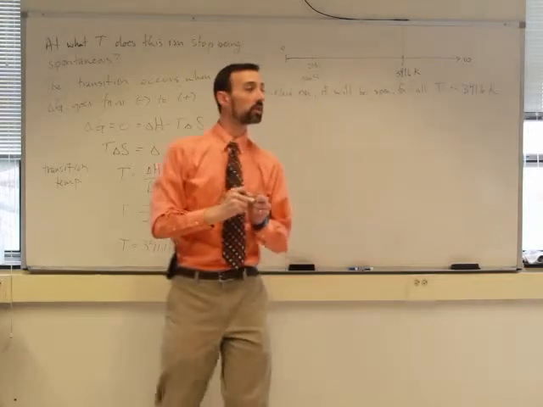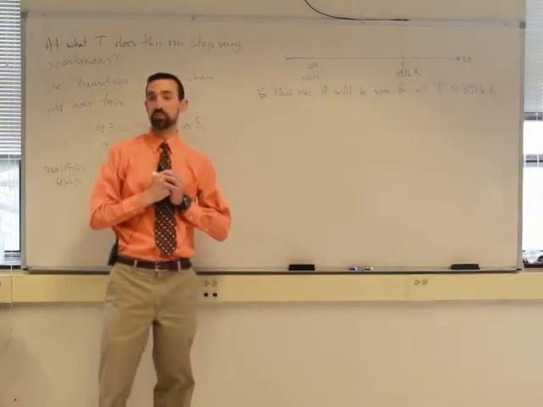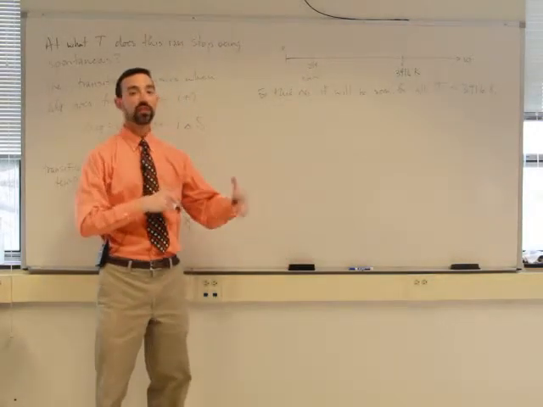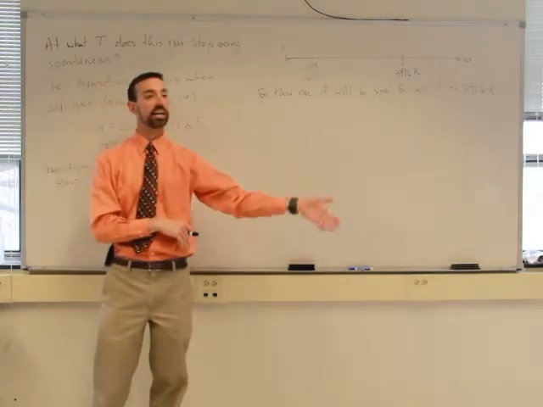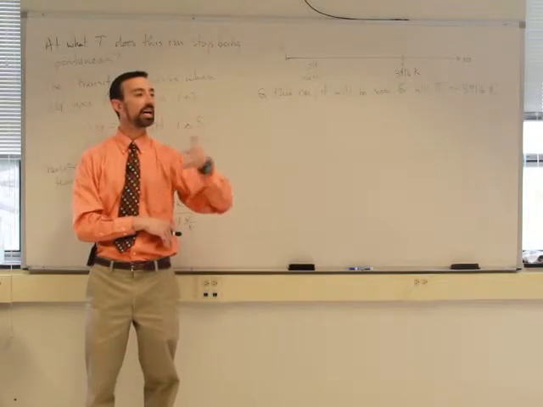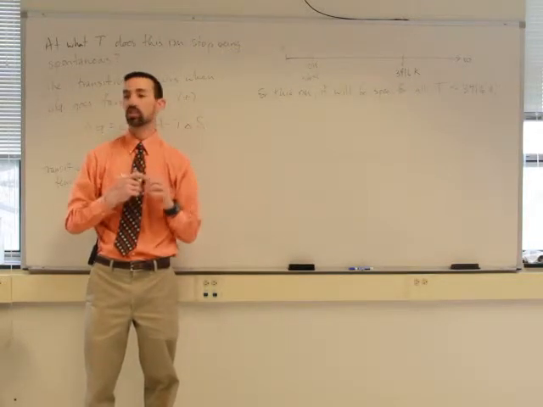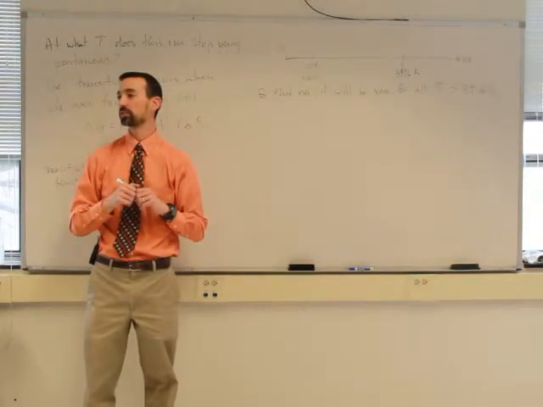And then it will be non-spontaneous at all temperatures above. So once you find this transition temperature, you need a test on either side of that line to decide which range is a spontaneous range of temperatures.